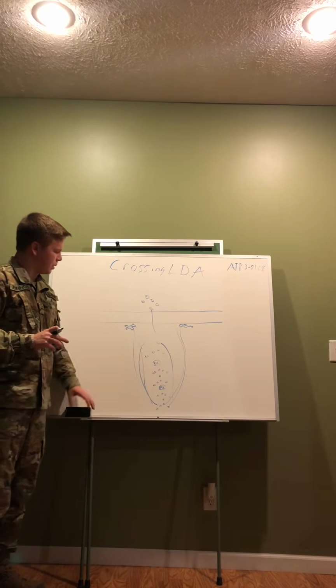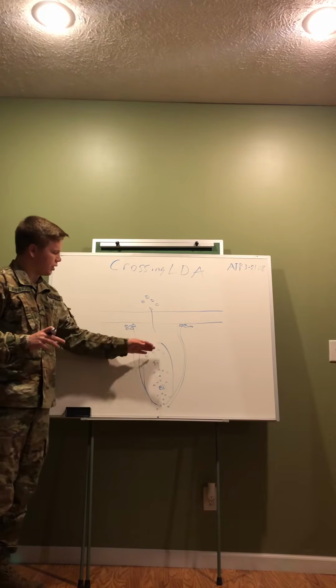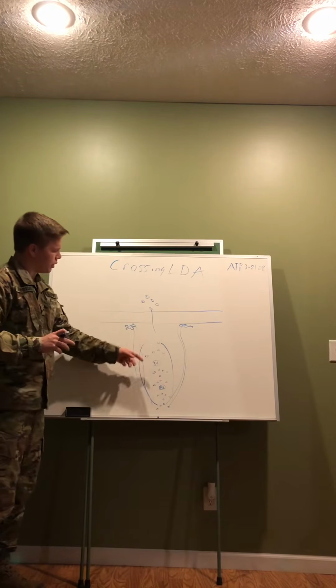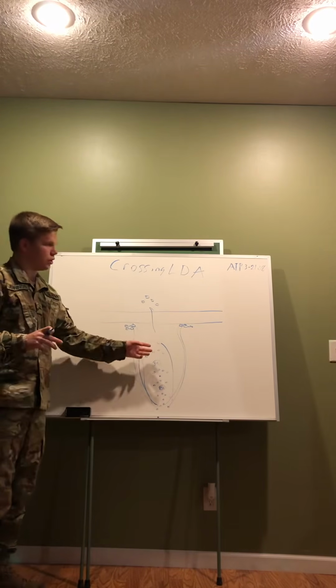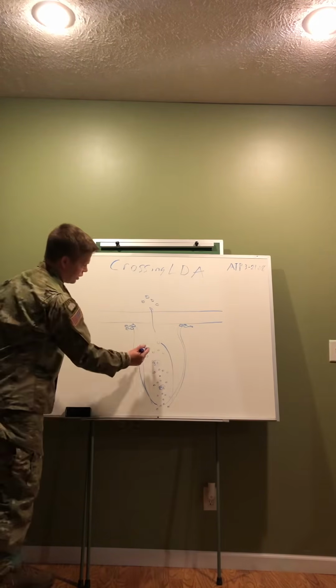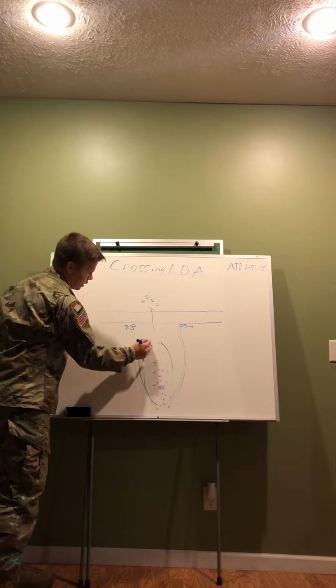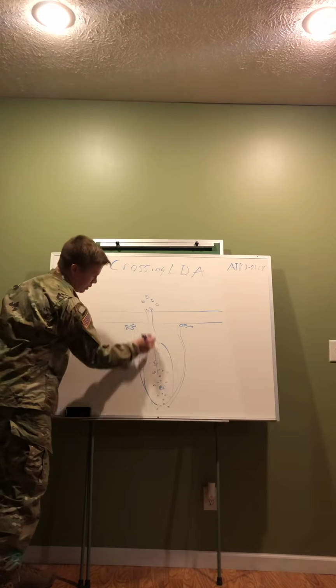And once that has been secured, team by team will go. You can either do buddy teams, which would be teams of 2, or you can just do it in your tightly formed wedge. Each team will go and cross the LDA.